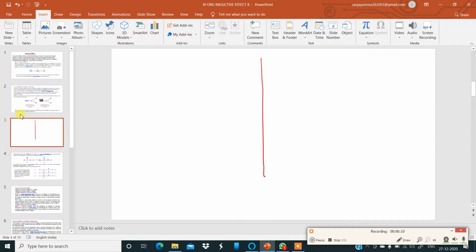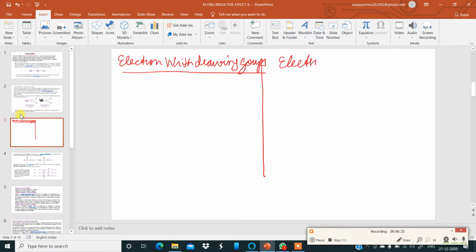The first group is called electron withdrawing group. The other one is called electron donating group.